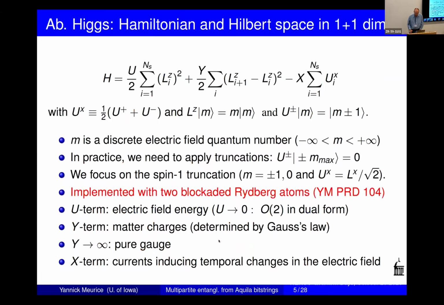The model that we are working on is a spin chain. It has a discrete electric field, and the quantum numbers go from -infinity to +infinity. But for practical reasons, we truncate to m equal ±1 or 0. So it's a spin 1, and I realize this with a blockade mechanism and 2 Rydberg atoms.